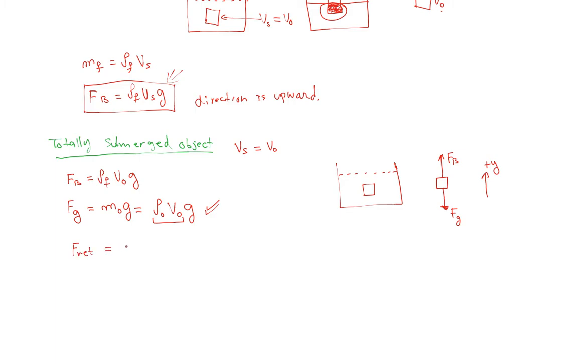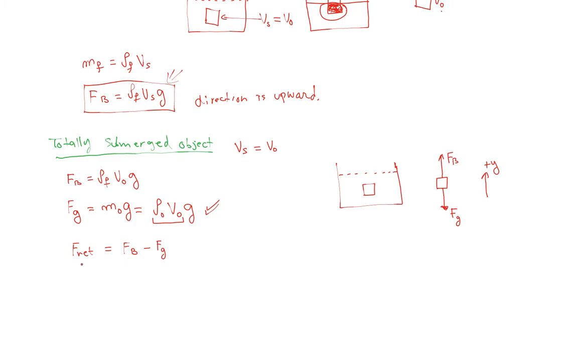That's upward force minus Fg. Okay, so if Fb is larger in magnitude, then this object will accelerate upward. If the buoyant force is smaller than gravitational force, then this object will accelerate downward.